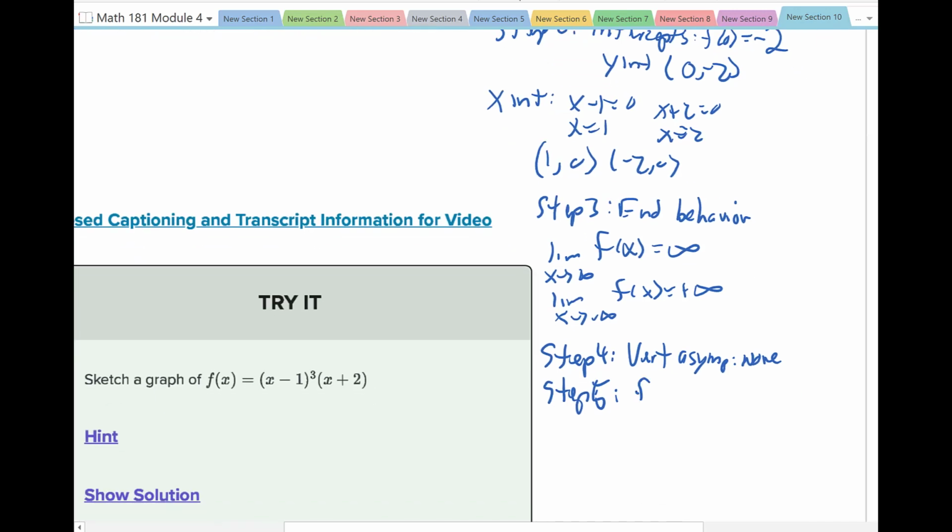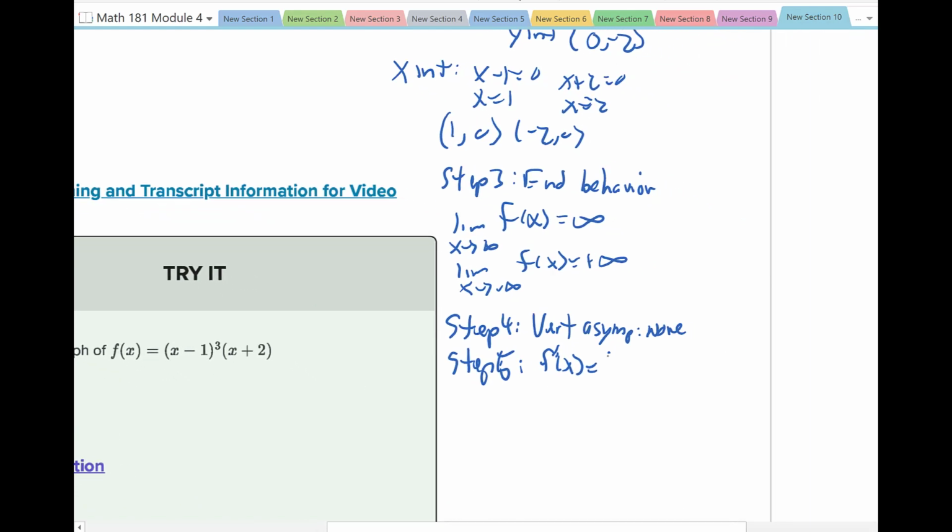So our first derivative, f prime of x, is going to be, I did this actually 2 different ways. And from the polynomial perspective, that's 4x cubed minus 3x squared minus 6x plus 5.